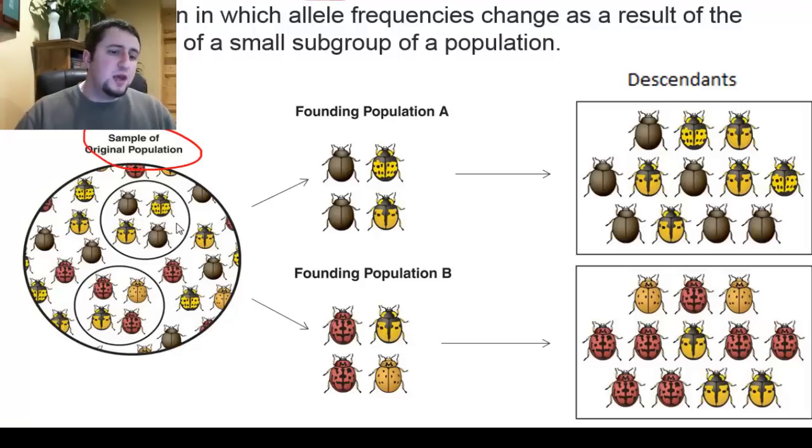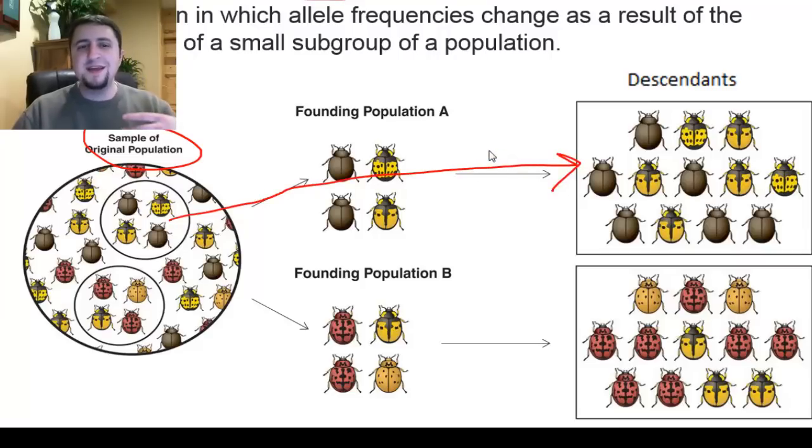Well, if only some of them go off and form a new population, let's say that they migrate to a new island, well, the only alleles that are available on that new island are the ones that originated from these four right here. And so the only babies that can be produced on that new island are these ones right here.